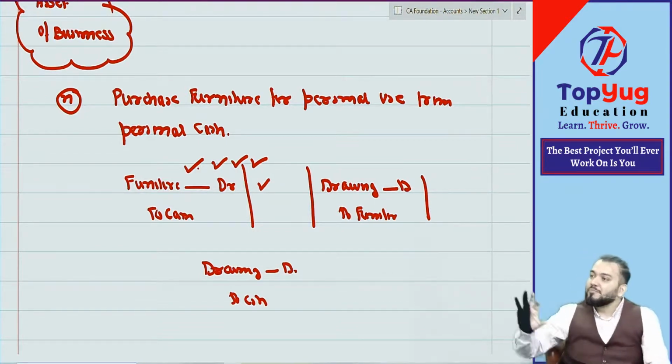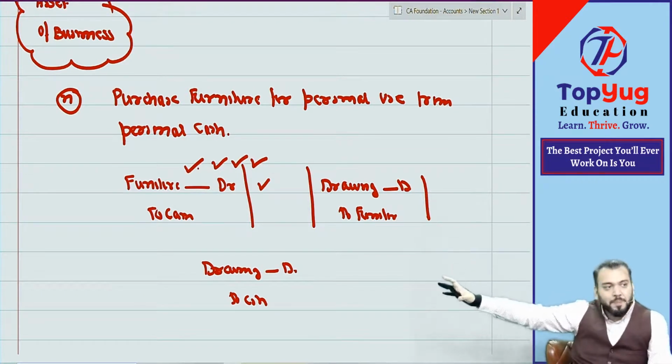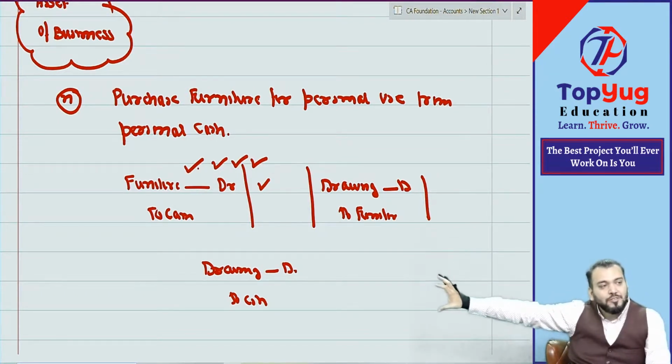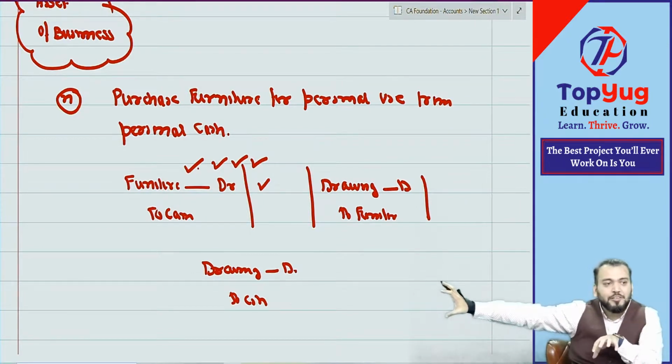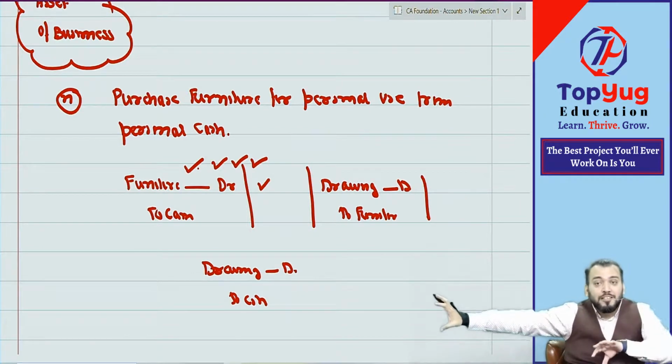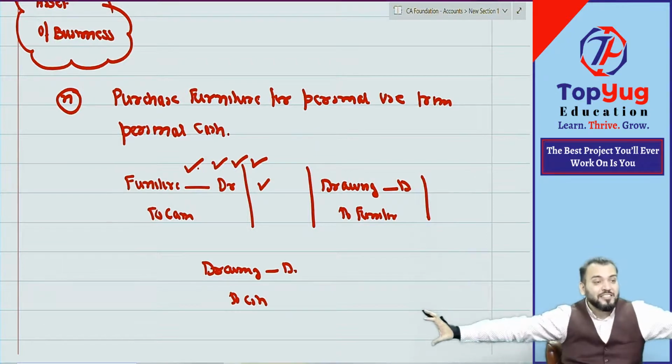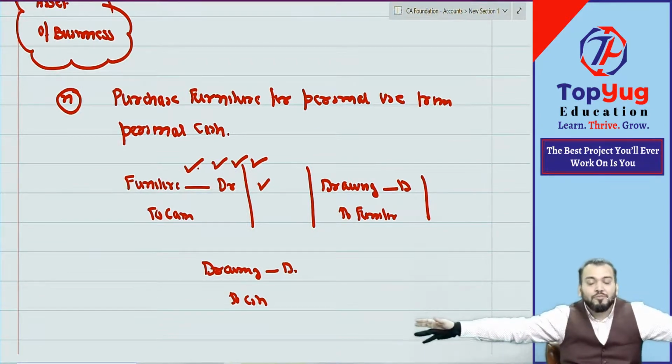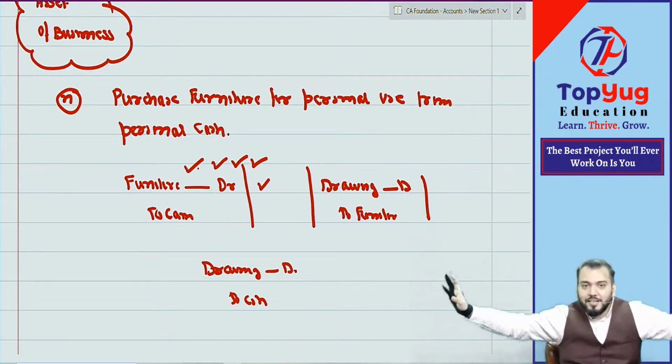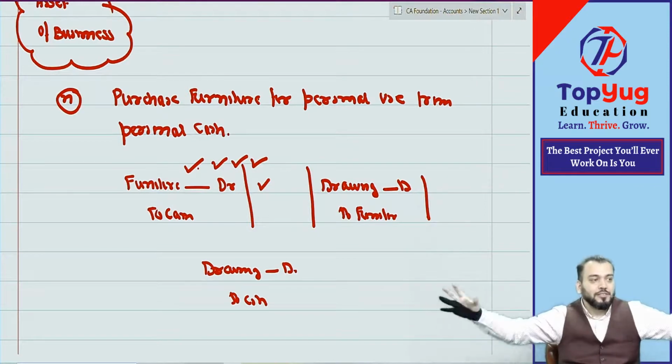Just try to understand. Purchase furniture for personal use. Whether it is coming into business, whether it is coming to business by using personal cash, whether cash or business is affected. No. What journal entry? One second. Try to understand what I am saying. This is business.